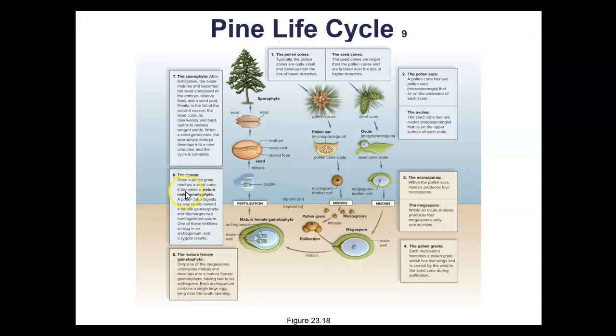Once a pollen grain reaches a seed cone, it becomes a mature male gametophyte. So the pollen grain is the male gametophyte. A pollen tube digests its way slowly toward a female gametophyte and discharges 2 non-flagellated sperm. One of these fertilizes an egg, and a zygote results.